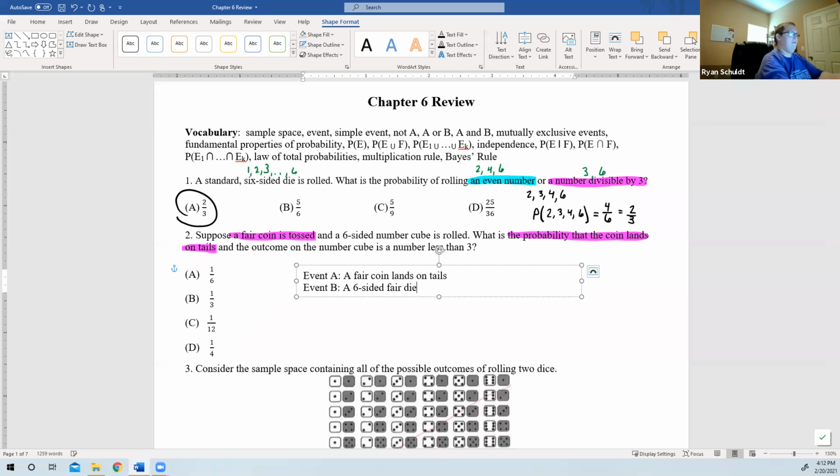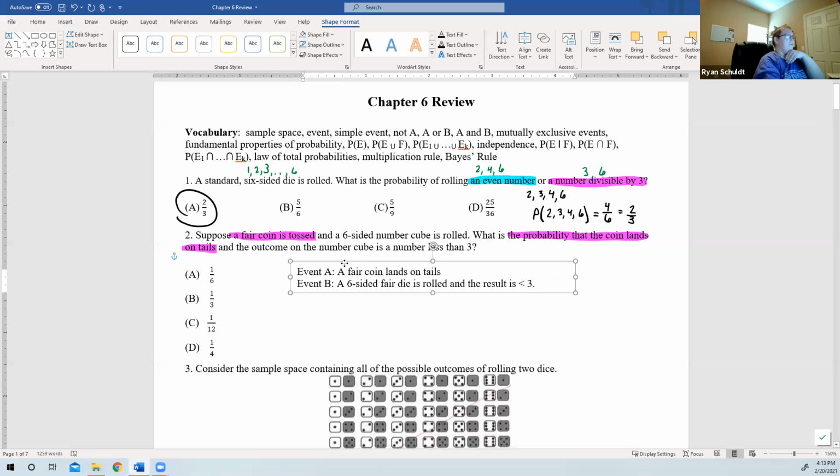A 6-sided fair die is rolled, and the result is less than 3. Okay. So there's 2 things that happened here.